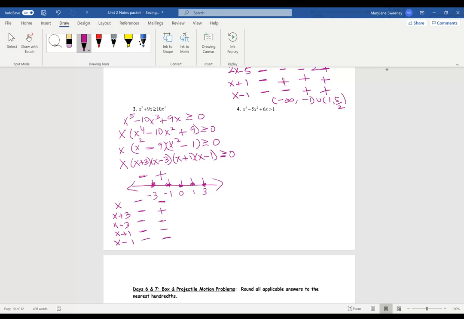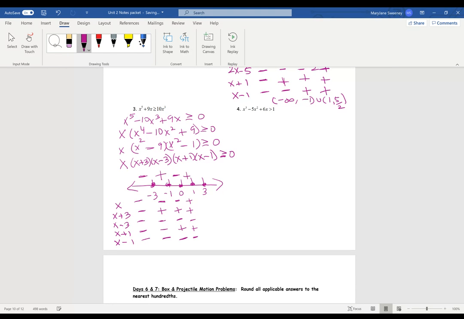In between -1 and 0, I'd pick like -0.5: negative, positive, negative, positive. -0.5 in the last one would be a negative. 3 negatives give me a negative. Then I would do +0.5. I'll get plus, plus, minus, plus, minus.